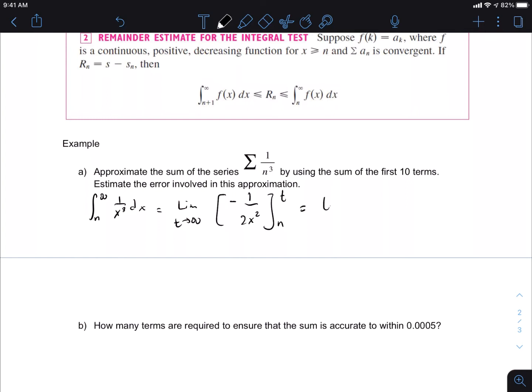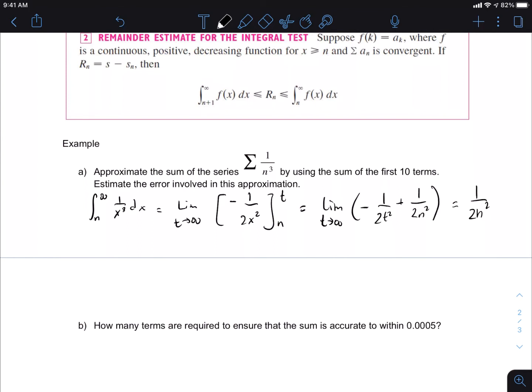And then we're going to get the limit as t goes to infinity of a negative 1 over 2t squared plus 1 over 2n squared. And then when we apply the infinity, we see that the first is going to go to 0. So we're going to get 1 over 2n squared.